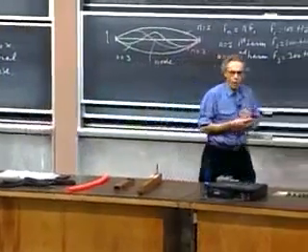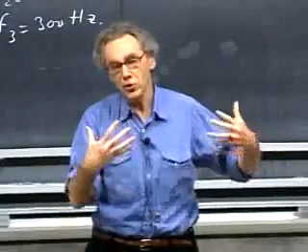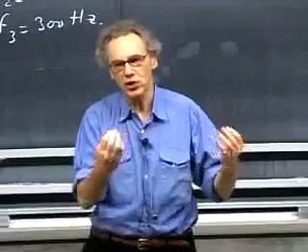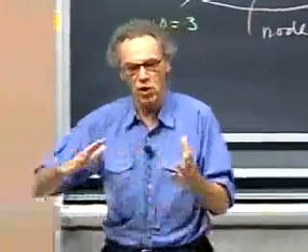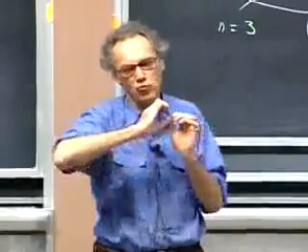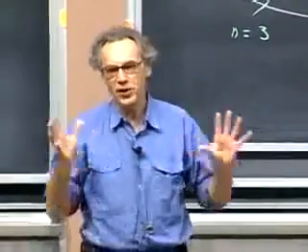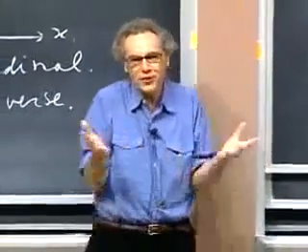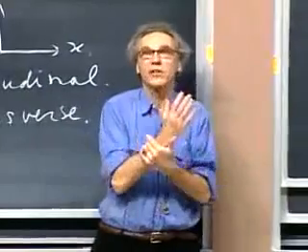But if you take a bow and you rub the string with a bow, then in a way what you're doing is you are exposing that string to a lot of possible frequencies, not just one. I could also rub it with my finger, or I could pluck it, or I could kick it. And what it does, it ignores all the frequencies which are not at resonance, but it picks out the ones which are at resonance.